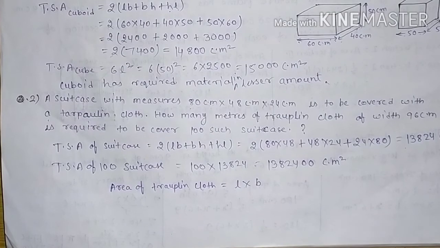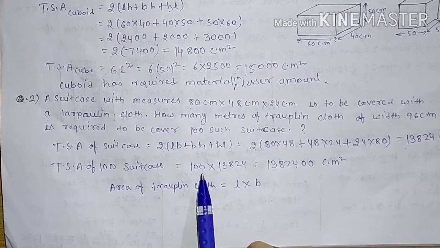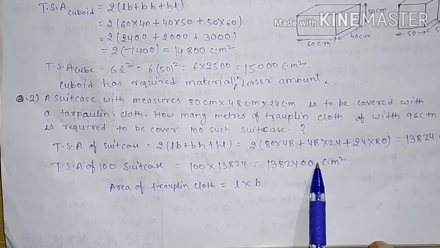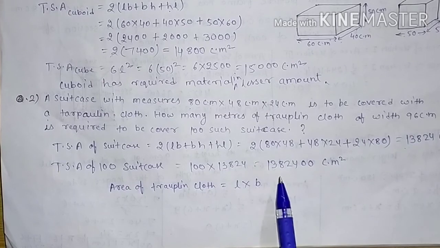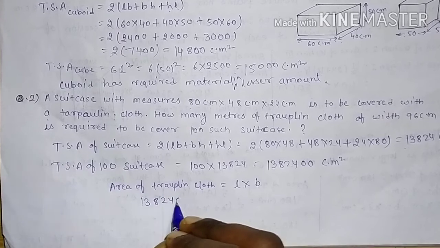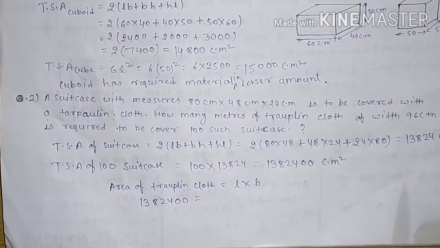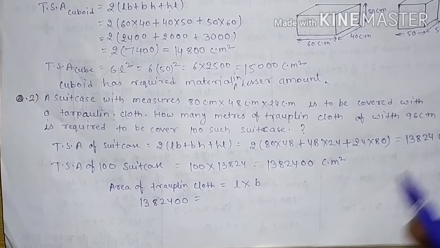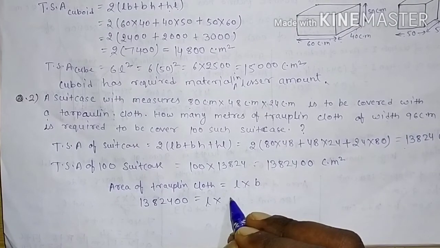Okay, area of tarpaulin cloth is given here, that is 1382400. This is total area which is required to cover, so 1382400 equals to L into breadth, and 96 centimeter width is given, so breadth is 96 centimeter.